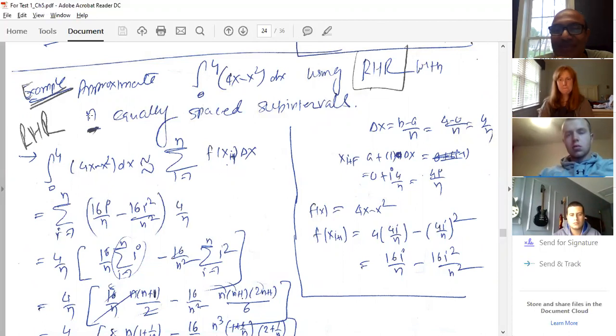How to work with this one? I will let you know. I told you, n could be anything. N could be 2, n could be 20, and n could be 2 million. N is the number of strips, the number of partitions of your curve bounded by some axis.